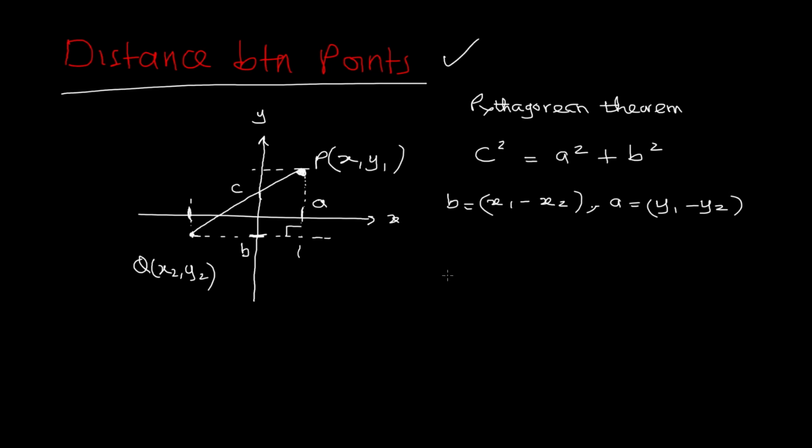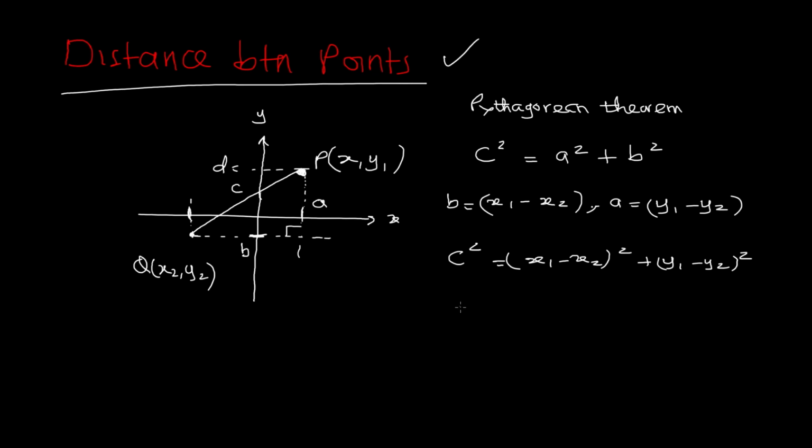Okay, so now if we replace these into that equation, we'll find that c squared, which is the distance that we're looking for, which is d. So c squared will be, we said that it's a squared plus b squared. So it's the same as this, we square this, plus y1 minus y2, the square of that.